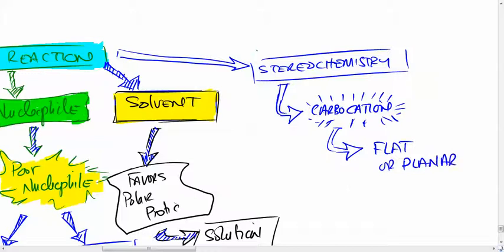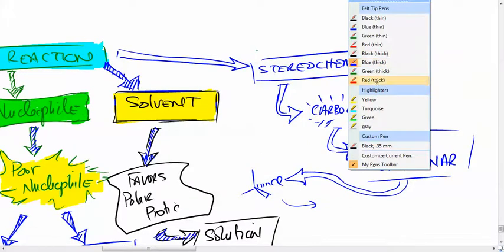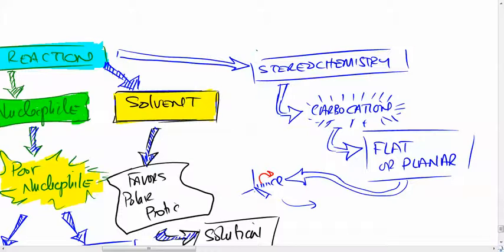So I'll just give you an example of this. Let's say you started off with this molecule here. Now once the chlorine leaves, we're going to generate a carbocation here.